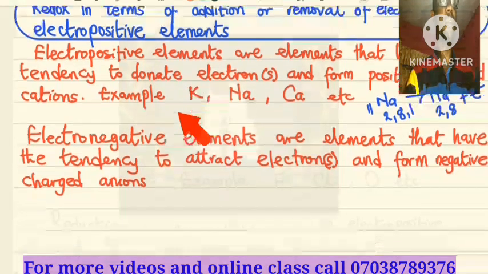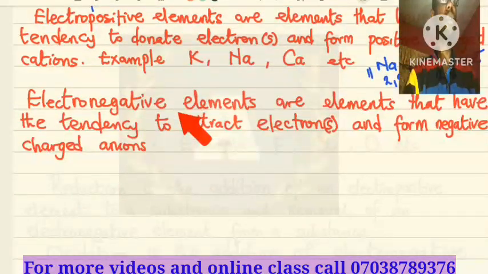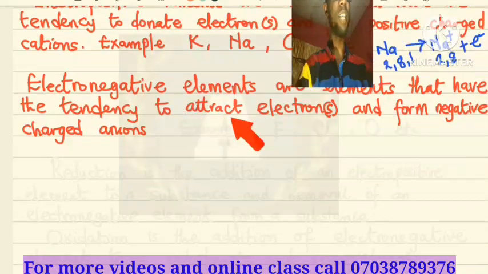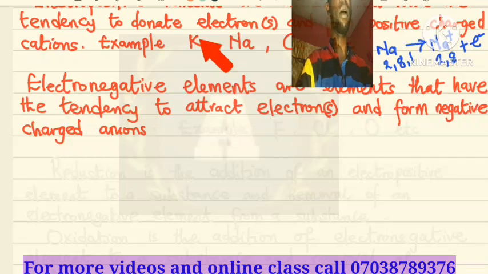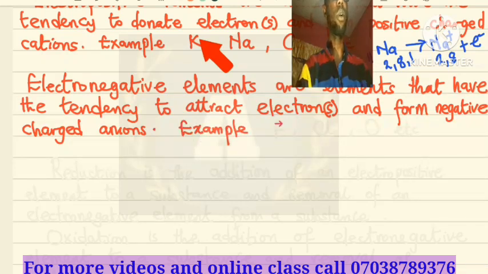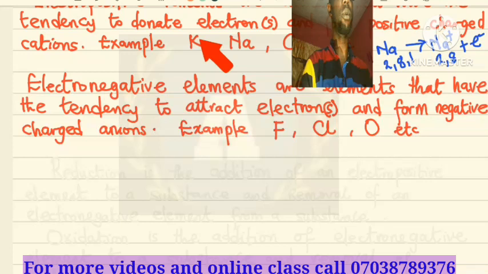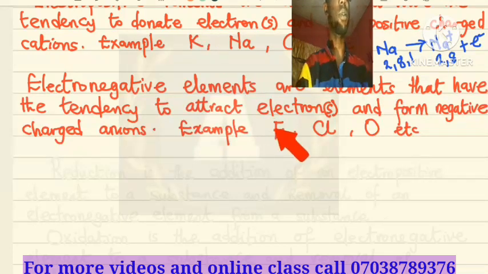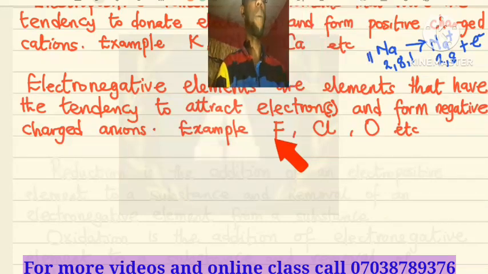Examples include fluorine, chlorine, and oxygen. These elements will gain electrons to form negative charge.